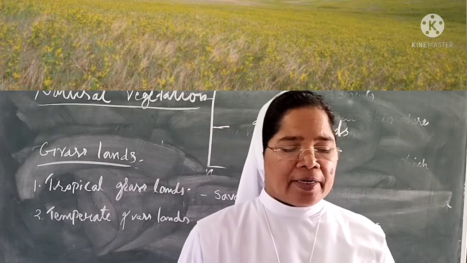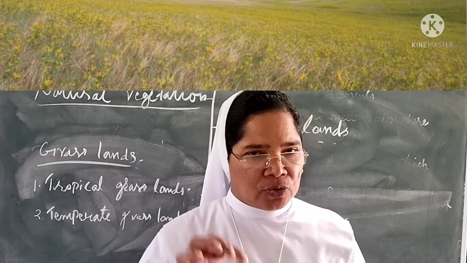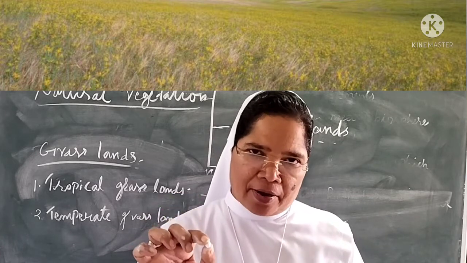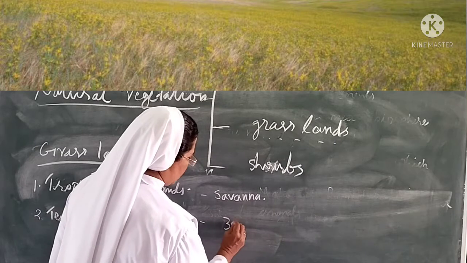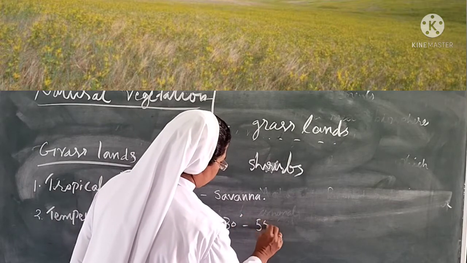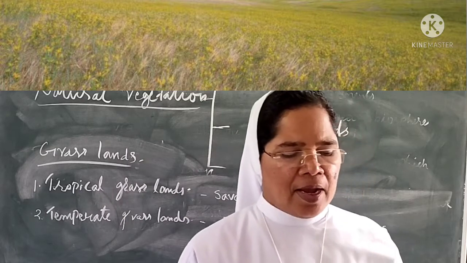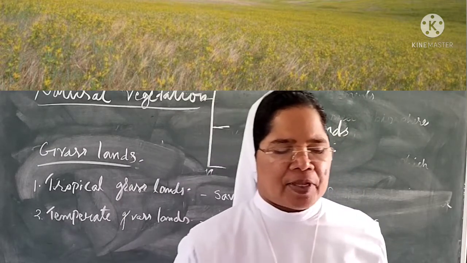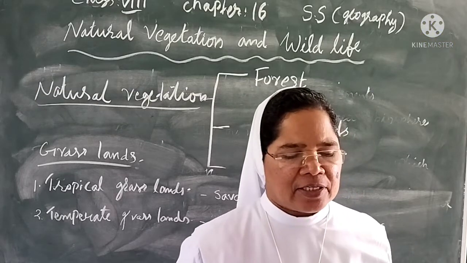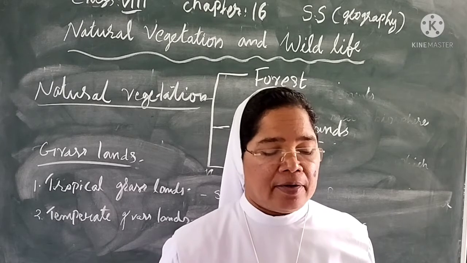The temperate grasslands are found between 30 to 55 degrees latitude of both hemispheres. These treeless lands are situated in the interior of the continents.